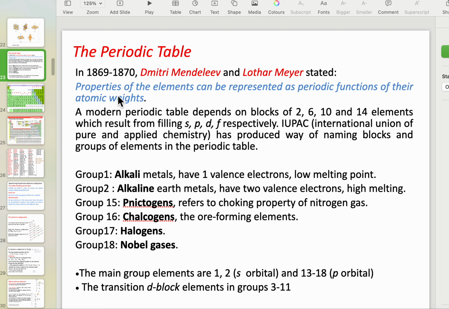Okay, so the properties of elements can be represented by the function of their atomic weights. But the modern periodic table depends on blocks of 2, 6, 10, and 14 elements, which result from the filling of the SPDF orbitals respectively.